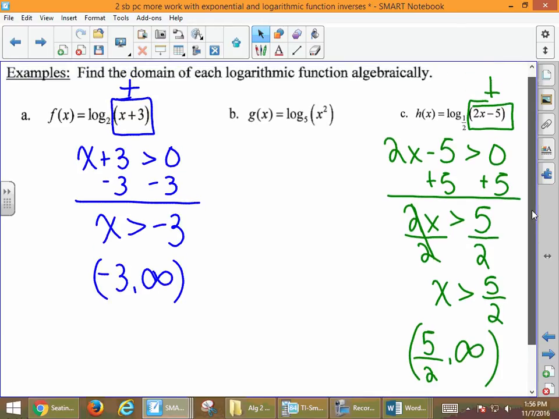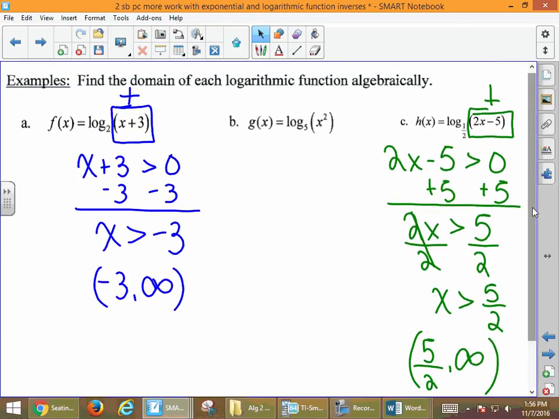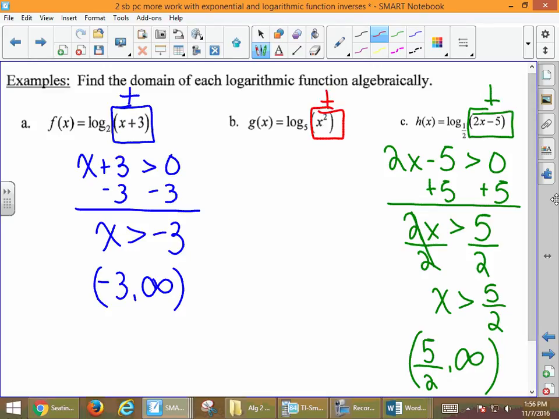But the reason that I skipped B for a minute is that yes, this value still must be positive, but what happens when we square a number? If we get more specific, if we square a positive number, what kind of answer do we get?